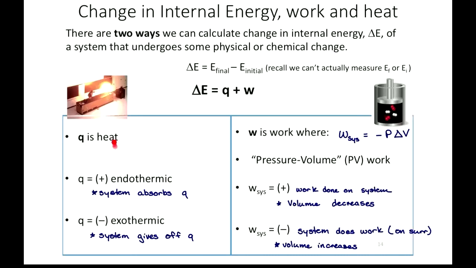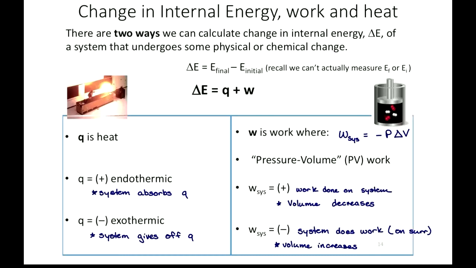So Q is related to heat that is either given off or absorbed by a chemical reaction. Just to get our terminology right, when Q is a positive number, when heat is positive, we call this an endothermic reaction, meaning that the system gains energy.